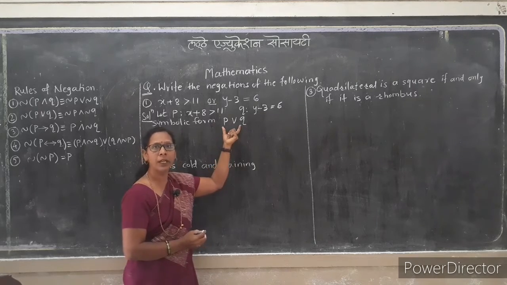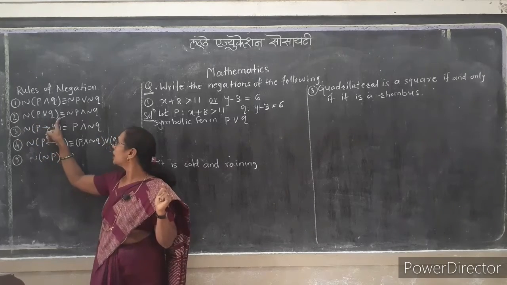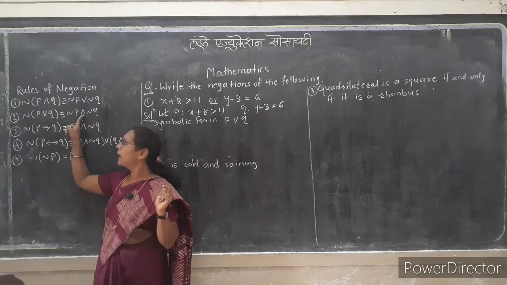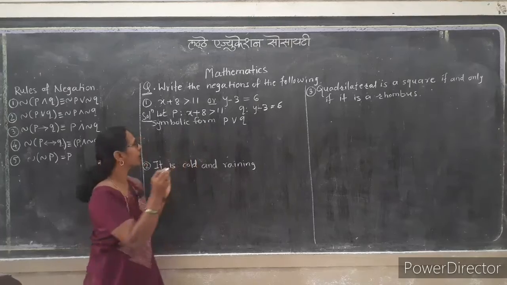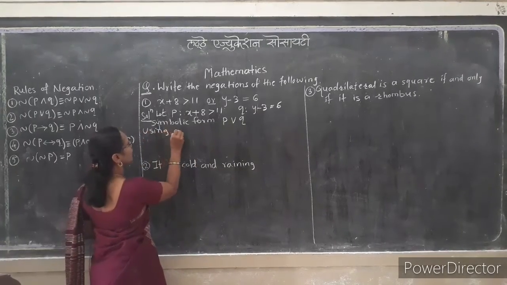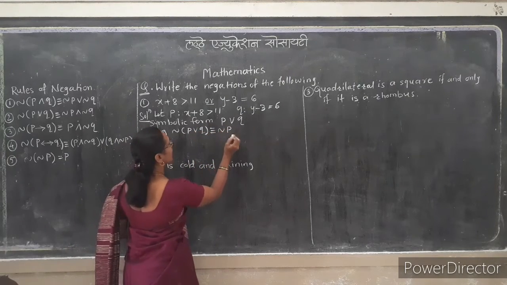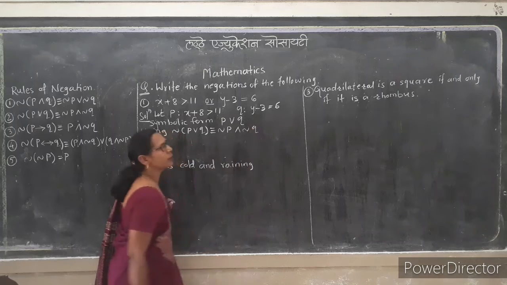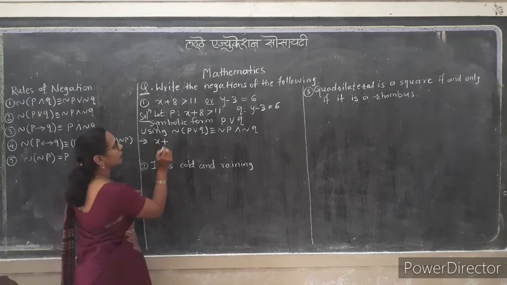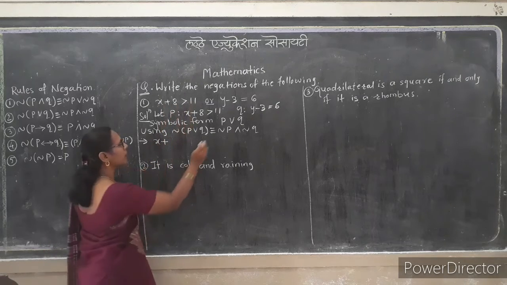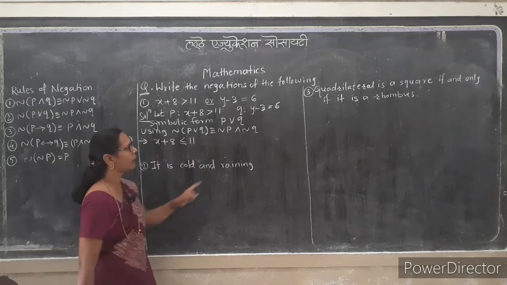Now we write its negation. Negation of P disjunction Q is logically equivalent to negation P conjunction negation Q. Using this result, the negation of the given statement is: P is x plus 8 is greater than 11, its negation is x plus 8 is less than or equal to 11.